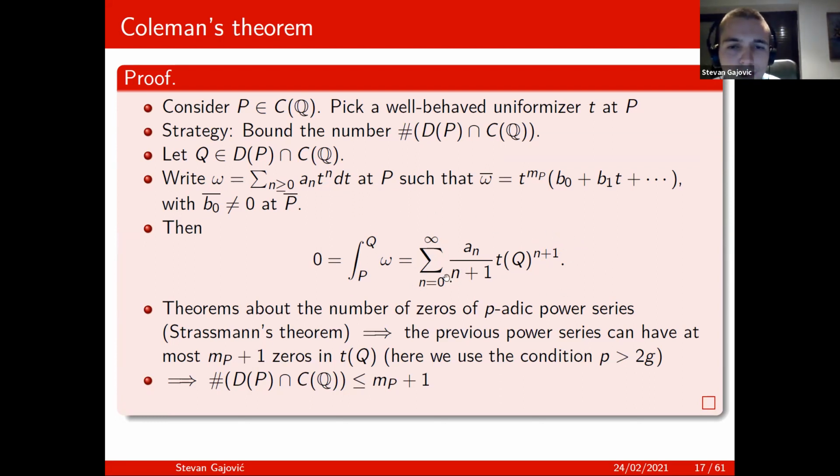That's Strassman's theorem, which I don't want to state here. I will say what it is in a concrete example, but Strassman's theorem can estimate the number of zeros of some p-adic power series.